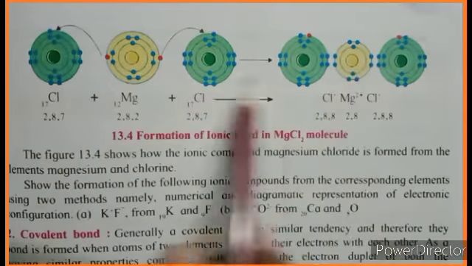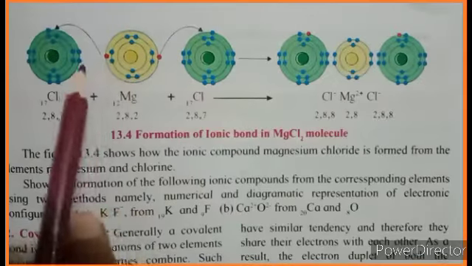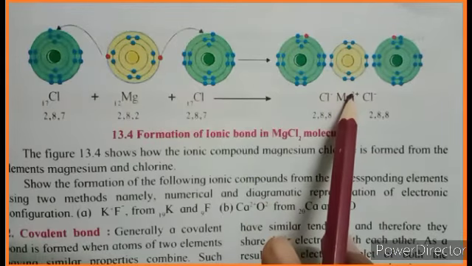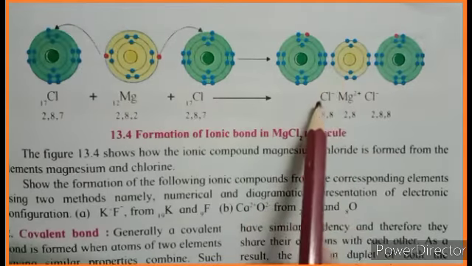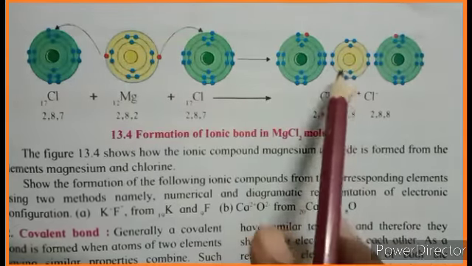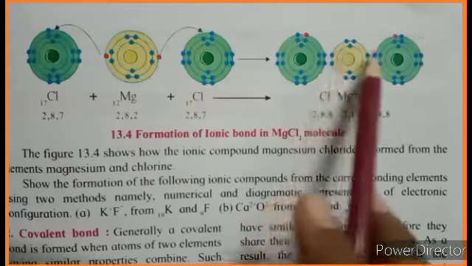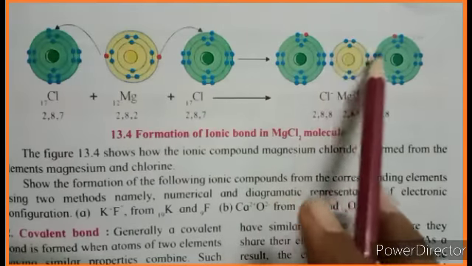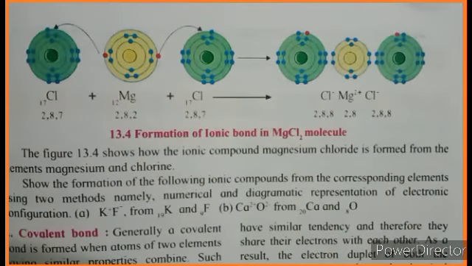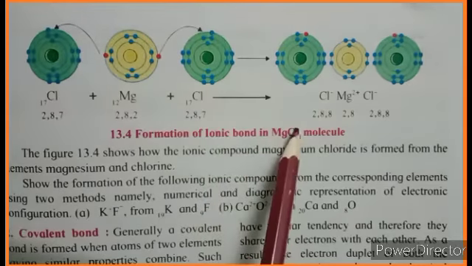By accepting the electrons from magnesium, both these chlorine atom acquired negative charge while magnesium atom acquire positive charge. And so, there is formation of MgCl2 molecule. And here, these bonds are also ionic bonds. Here, formation of two ionic bonds takes place between this chlorine and magnesium and this chlorine and magnesium. And therefore, magnesium chloride is called as the ionic compound.